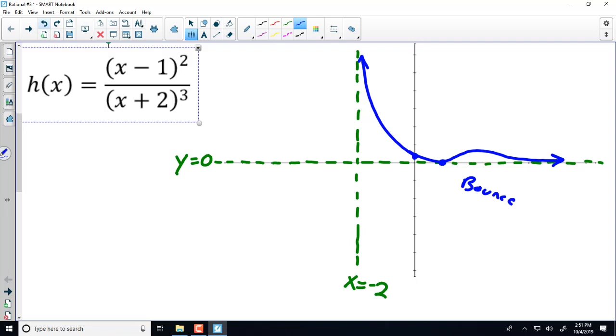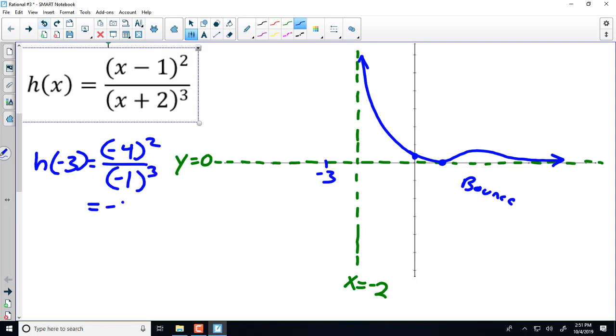What's going on the other side? Well, neither one of these pieces breaks the rule of hitting the x-axis illegally, so I'm going to need to plot an extra ordered pair, because I don't know which one of those is correct. So I go slightly to the left of my vertical asymptote, maybe right here at negative 3, and I plug that into my function, h of negative 3. If I plug that in there, I'll get negative 4 squared on top, and the bottom I'll get negative 1 cubed.